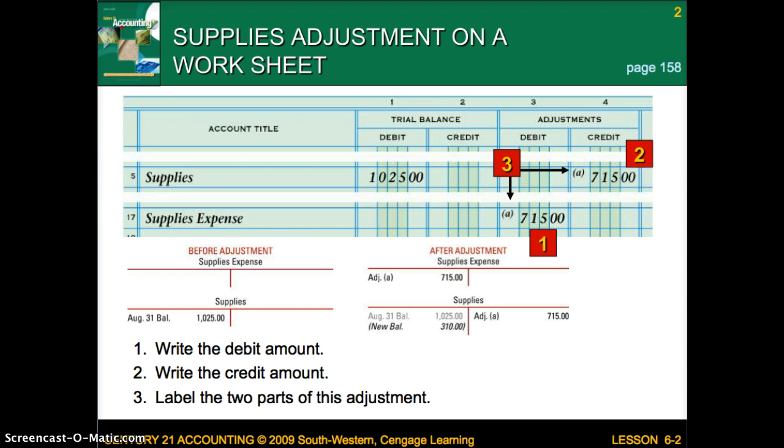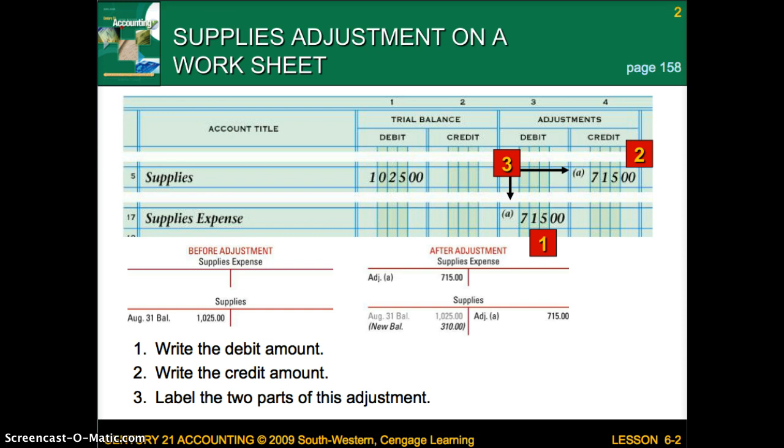It says on August 31st, Mrs. Park counted the supplies on hand and found that the value of supplies still unused was $310. So she had $1,025 worth of supplies at the beginning of the month. She counted what she has left, and she has $310 left of supplies. So when she subtracts that out, there is $715 that she has consumed.